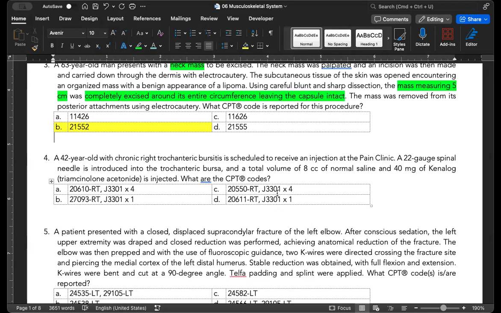Okay. So we have J3301 for that Kenalog. So let's go look at our J3301. Look at our code description. Make sure it all matches. But then we need to also look at how many units of the drug are per unit of the code.